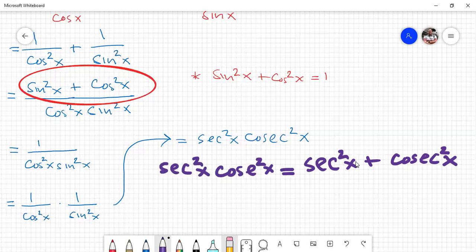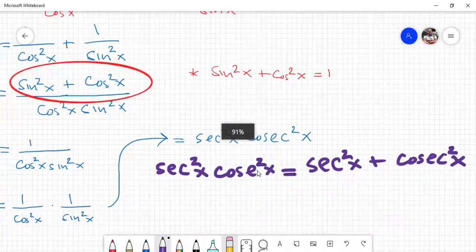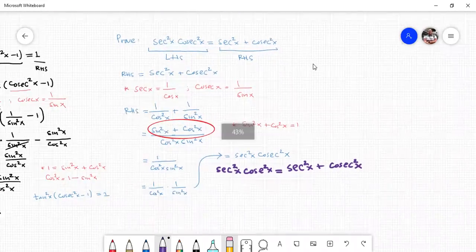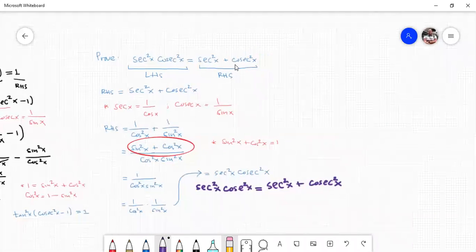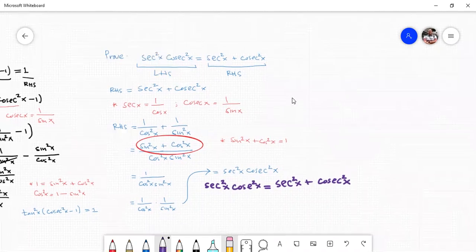Can you see that? It is proven, right? So, what do you think? Is it difficult? Not really.